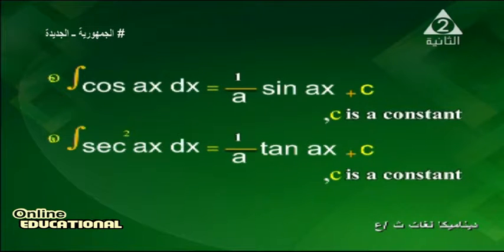Here we integrate cosine ax or sec squared ax or sine ax. The derivative of the angle ax equals a. Now we say 1 over the derivative of the angle, 1 over a, before the integration of cosine or sec squared or sine ax.